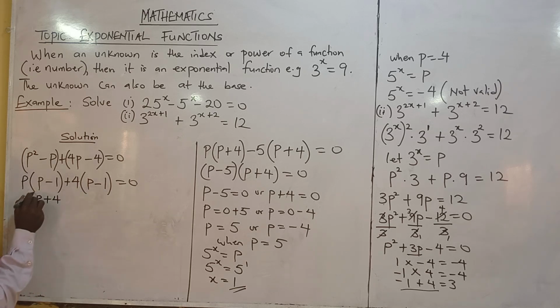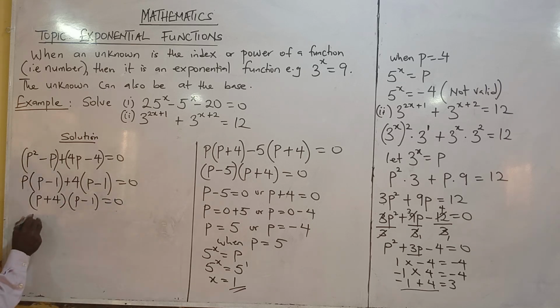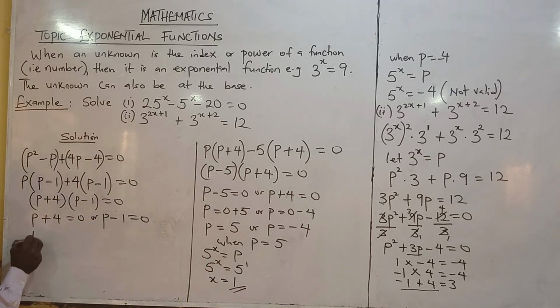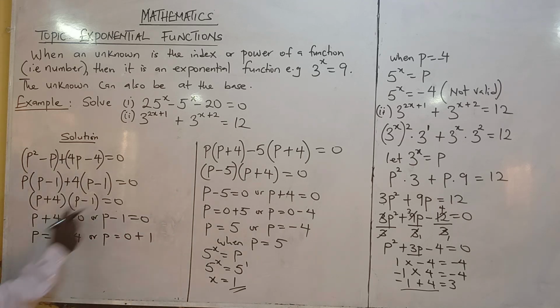It's a sign that we are correct. (p + 4)(p - 1) = 0. p + 4 = 0 or p - 1 = 0. p equals 0 - 4, or p equals 0 + 1. When you collect the like terms, p equals -4 or p equals 1.